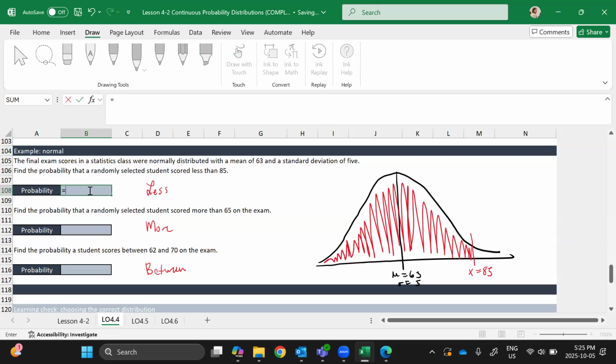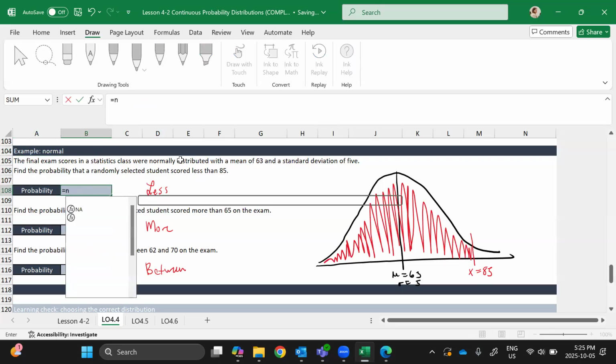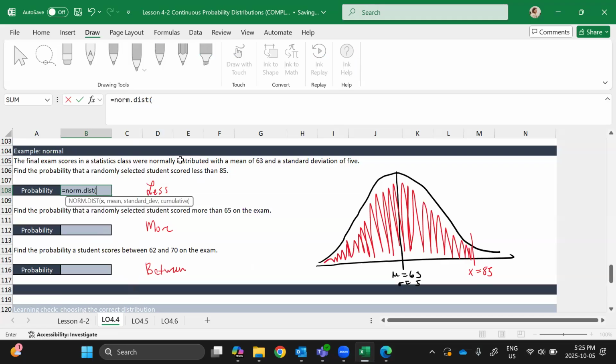If I want that probability, because the question says the scores are normally distributed, I use norm.dist. I use the value from the question, the mean from the question, the standard deviation from the question, and put true for cumulative. And that's it. Your probability will be about 100% chance that the student scores 85 or less than 85.